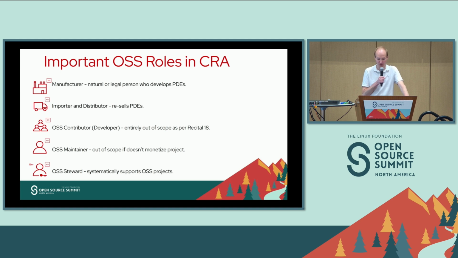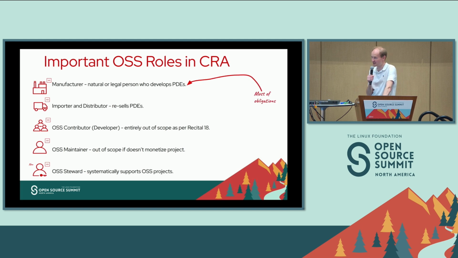Now, open source contributors or developers, open source maintainers, and a new role that we didn't see in previous regulations at all in any format: the open source software steward. That means systematically supporting open source software projects. You can think about the Linux Foundation or Python Software Foundation or Eclipse or Apache and so on. Those would probably be open source stewards.